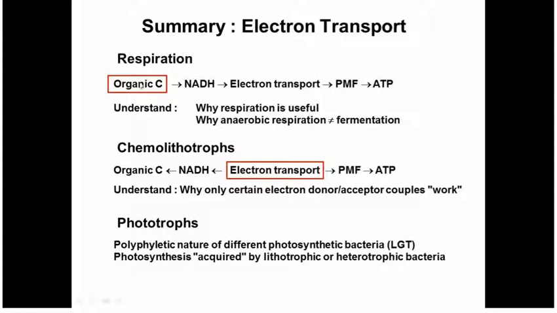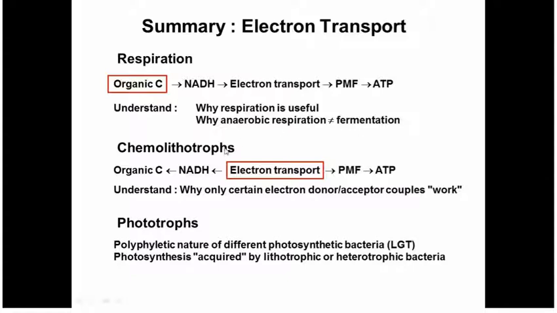So you have to understand what is the whole point of respiration. Well, it allows you to get 38 ATP molecules per glucose instead of just 2. That's the point. And why anaerobic respiration is not the same thing as fermentation. You need an external electron acceptor for anaerobic respiration, but not for fermentation.